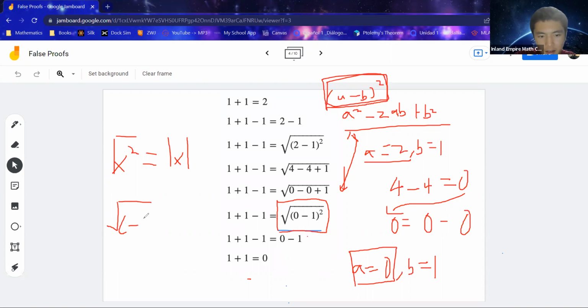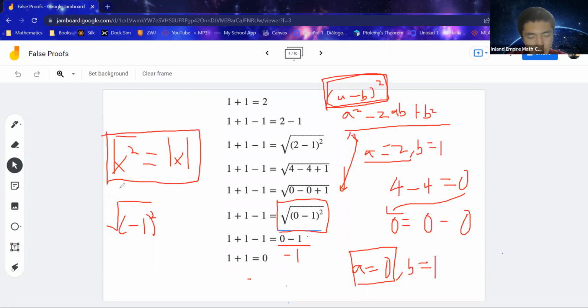So the thing I boxed up is equal to the square root of -1 squared. And then when we took the square root here, somehow we got -1, because 0 minus 1 is -1, right, Joyce? But look at this formula.